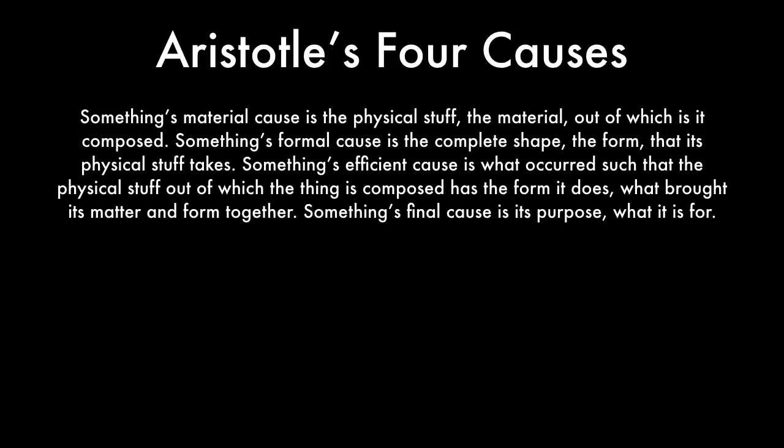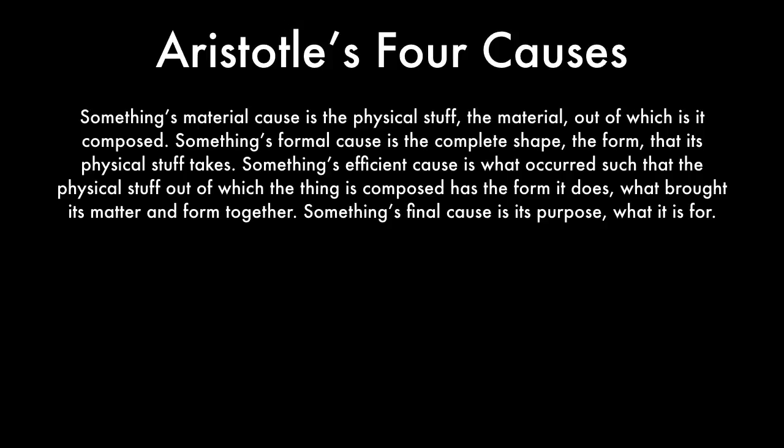Something's material cause is the physical stuff, the material out of which it is composed. Something's formal cause is the complete shape, the form that its physical stuff takes. Something's efficient cause is what occurred such that the physical stuff out of which the thing is composed has the form it does, what brought its matter and form together.